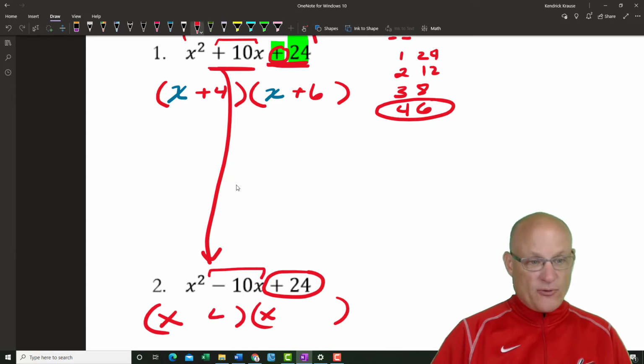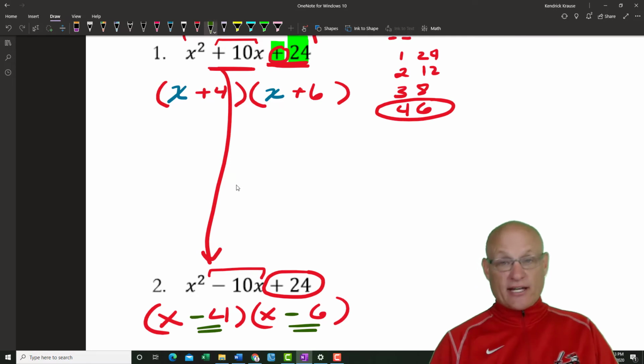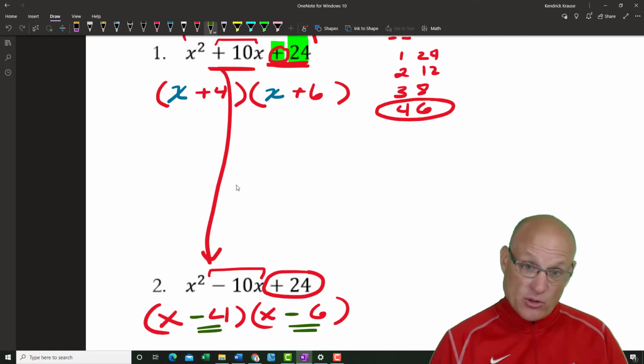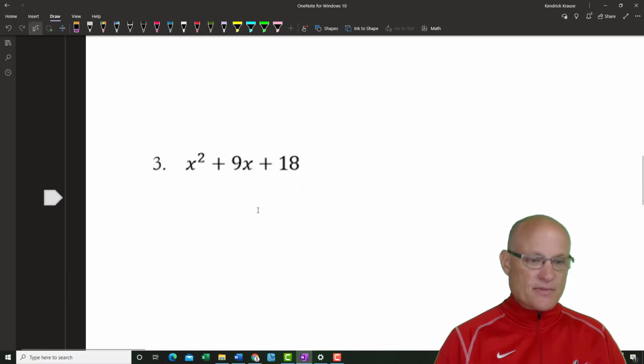Well, it's still 4 and 6. But instead of being positive 4 and positive 6, it's now negative 4 and negative 6. Because negative 4 and negative 6, when you add those two things together, you get negative 10. And a negative 4 times a negative 6 is positive 24.